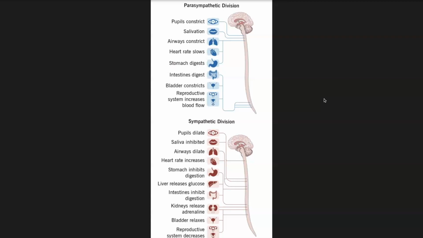All of that makes sense. In a fight or flight response, we want to minimize the response to those areas. We don't need to be digesting at that time, obviously not procreating at that time either.